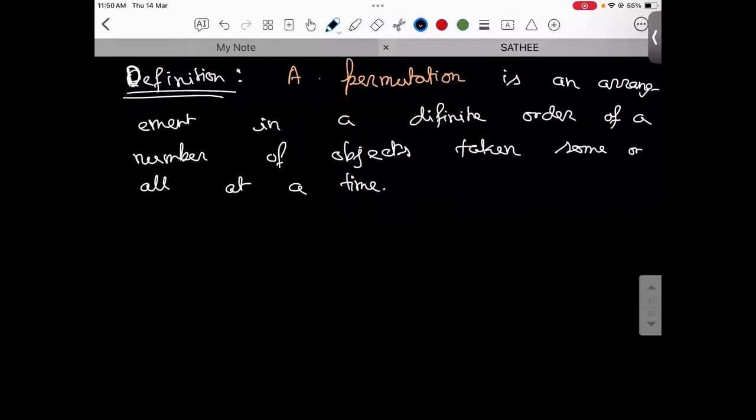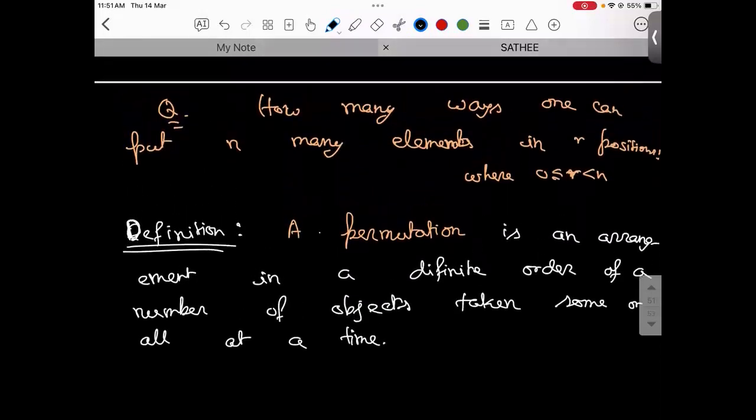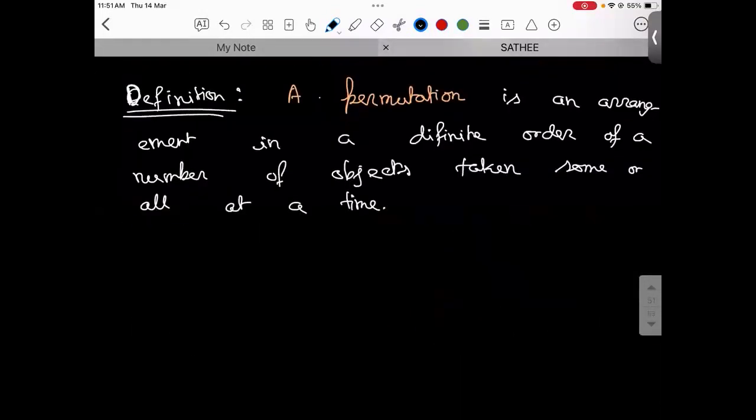And how can this counting be considered? The number of permutations of n different objects taken R at a time, without any repetition, will be some number that I state. How can we state that? There is a definition of permutation and how this number can be counted.